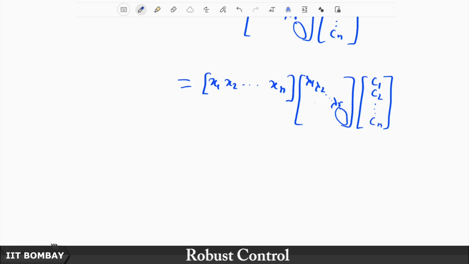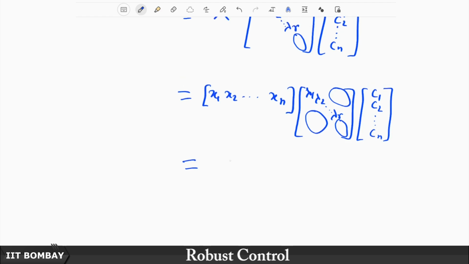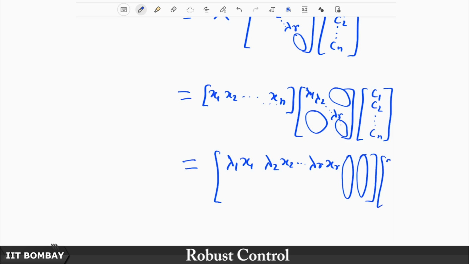This essentially means lambda 1 times x1, lambda 2 times x2 dot dot dot till lambda r times xr, and the remaining entries are just 0 columns, because 0 gets multiplied with the remaining n minus r columns times C1, C2 dot dot dot till Cn.